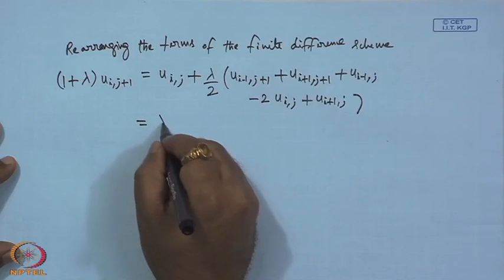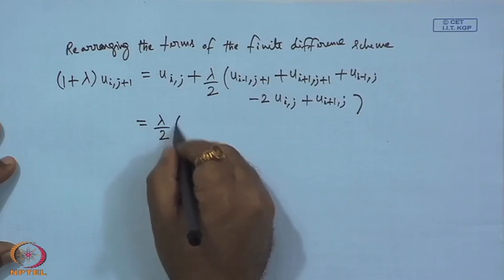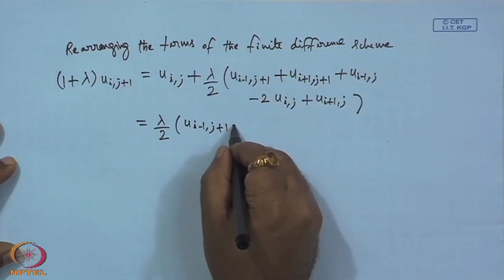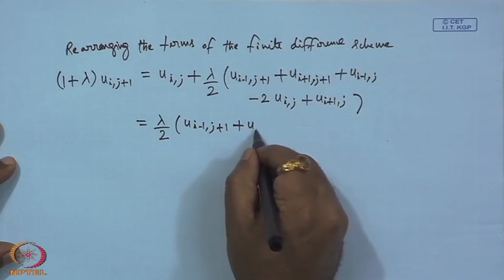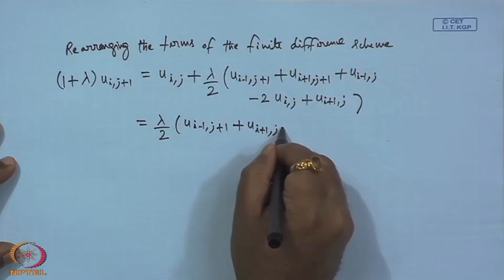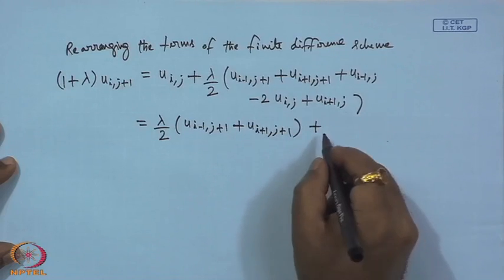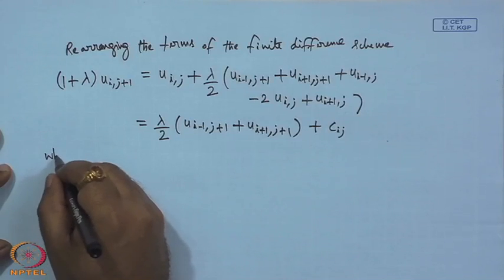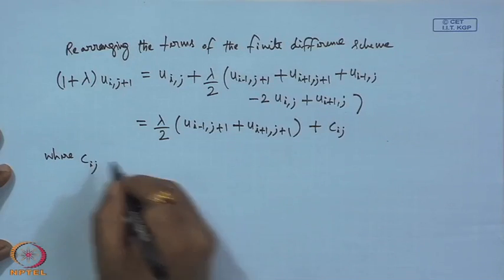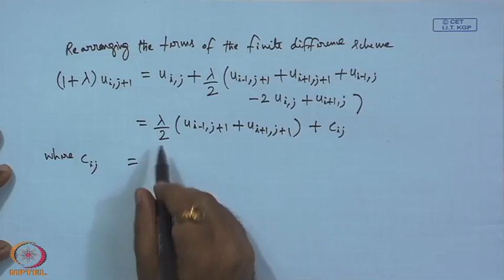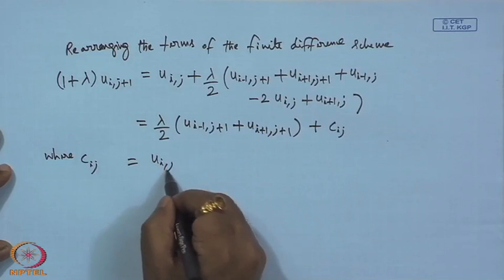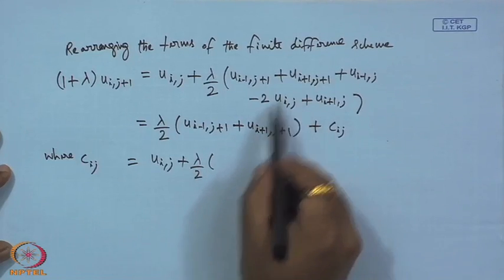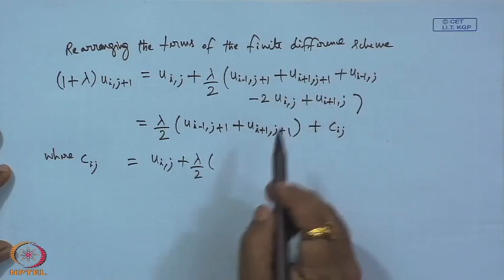Further, this can be written as u. So, I will bring up only the terms at j plus 1 plus C i j, where C i j is this term plus lambda by 2 times whatever is missing in this, but written here.